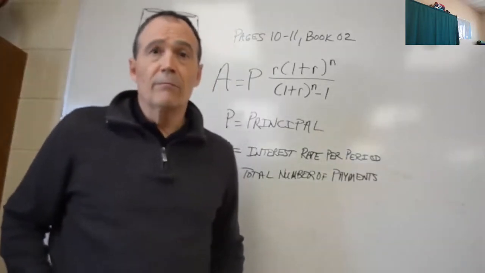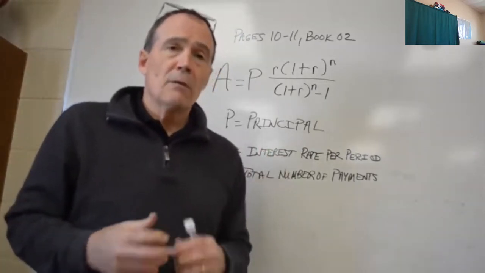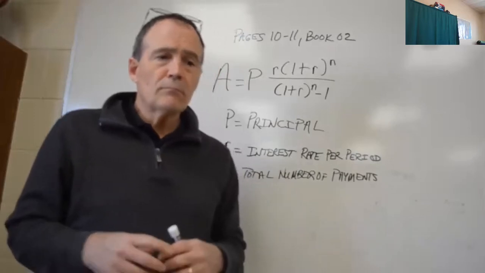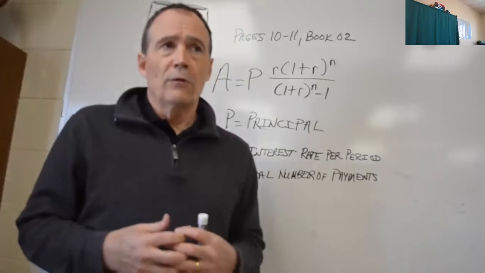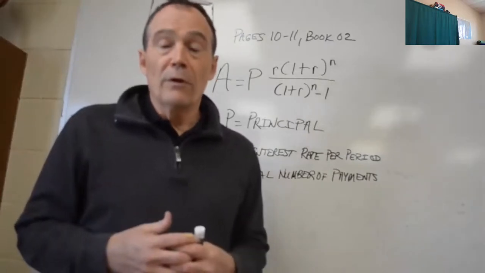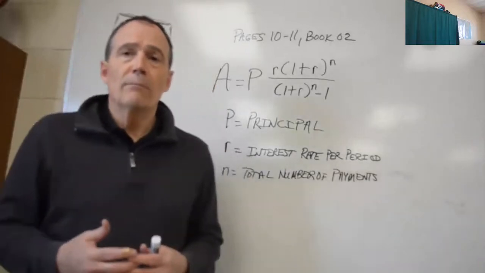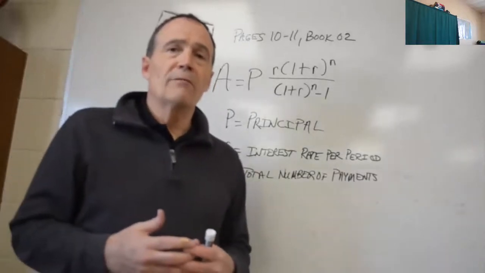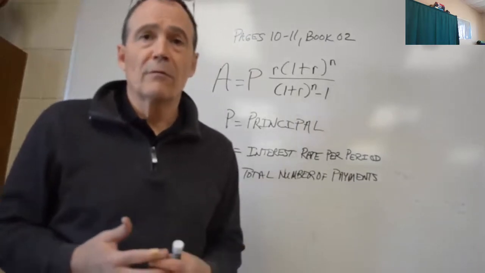And this is pretty important to understand when you set up your amortization formula. So if I have a 3-year loan, 3 years is 36 months. So if I'm doing a formula based on a 3-year loan, my n value would be 36.